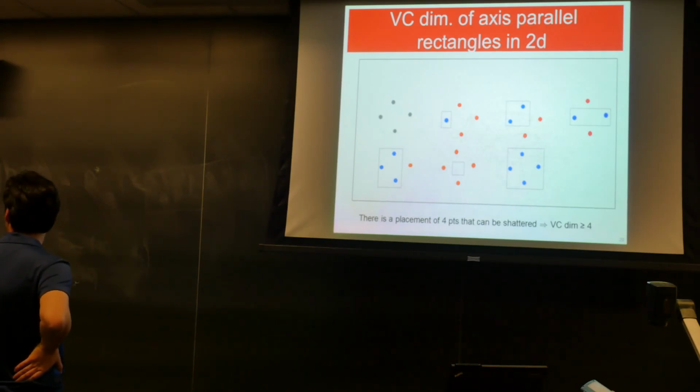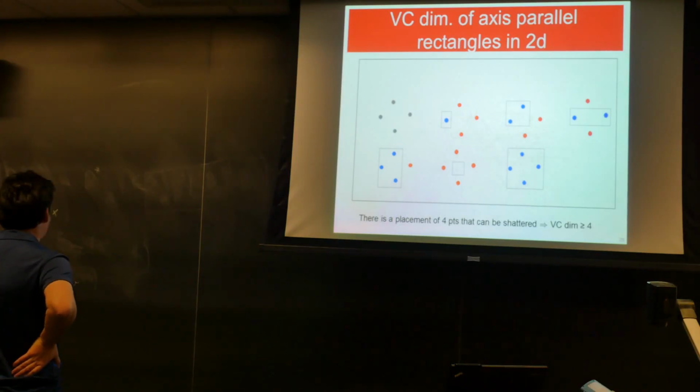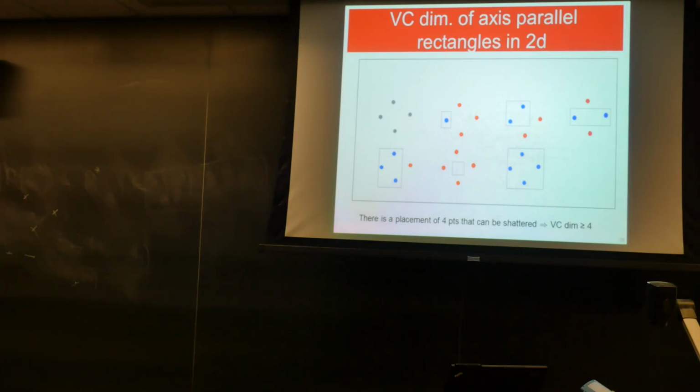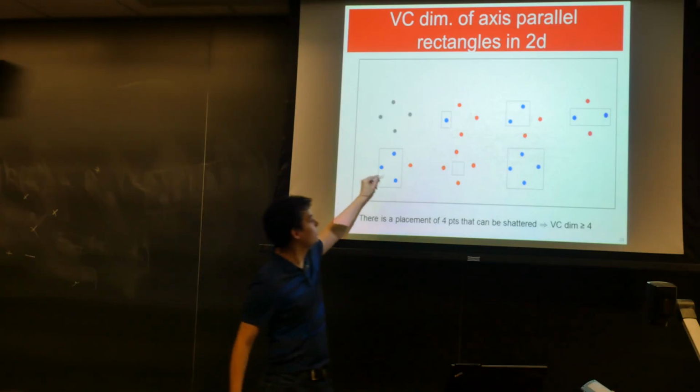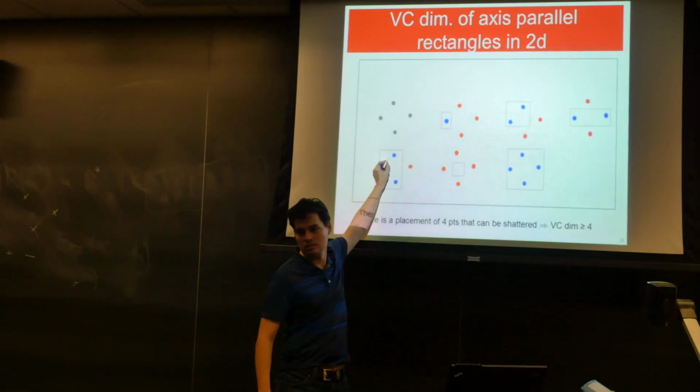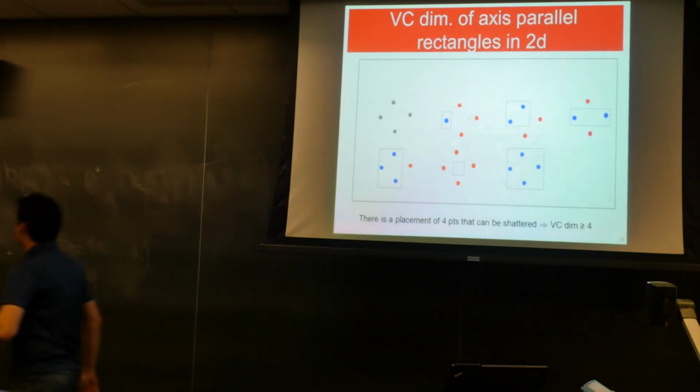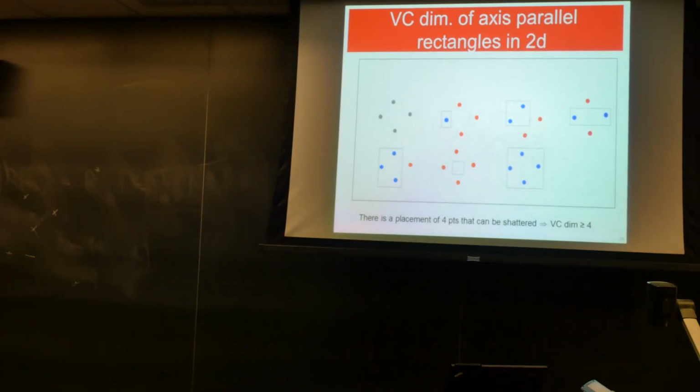We have 4 points now, right? Or you just check? Okay, so I'm the one who can choose the points first, and then my opponent chooses the labeling. I decided to choose my 4 points in a general location. Okay, so I choose these 4 points. Now you are my opponent.